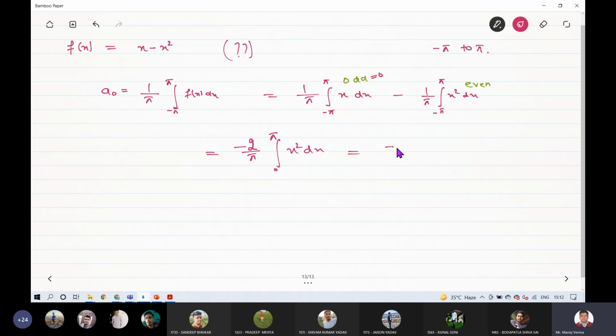So it will become minus 2 over pi, x cube by 3 from limits pi to 0.